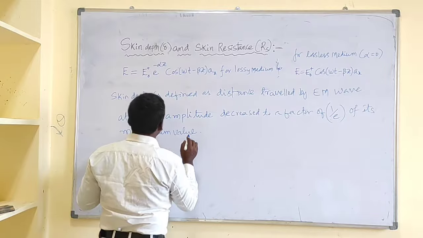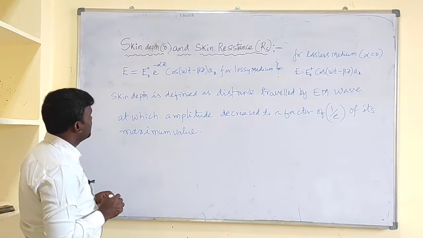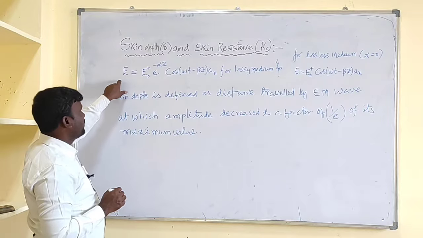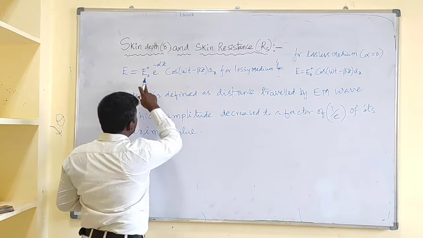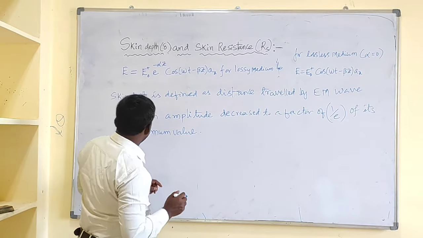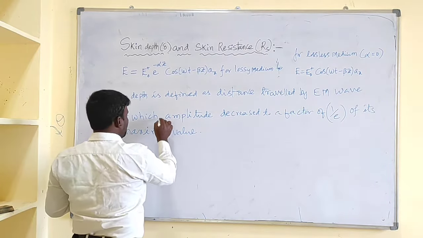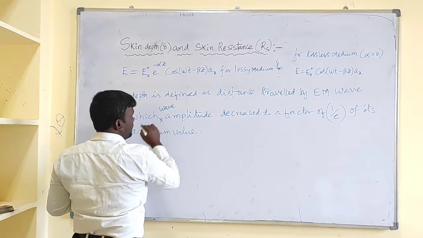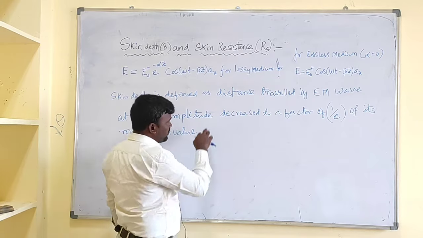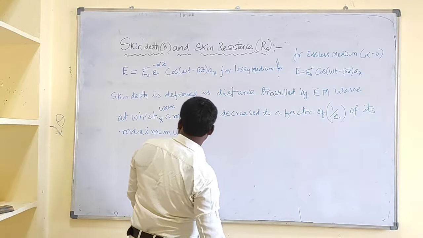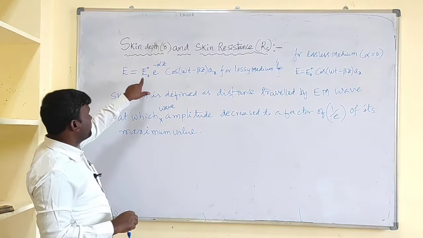So what is the amplitude of the wave? Either it may be the electric field component or the magnetic field component. That is, the wave amplitude decreased to a factor of 1 by E of its maximum value. What about the maximum value?